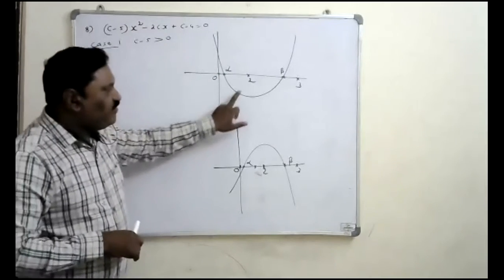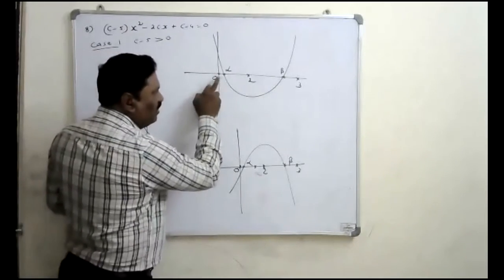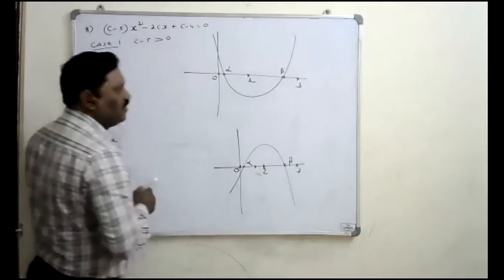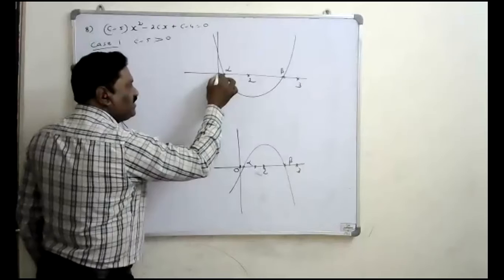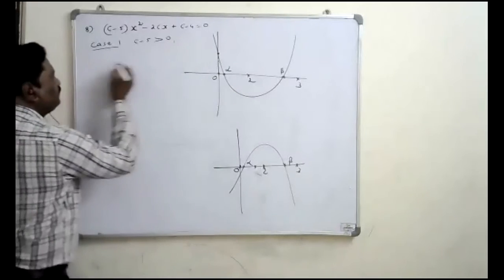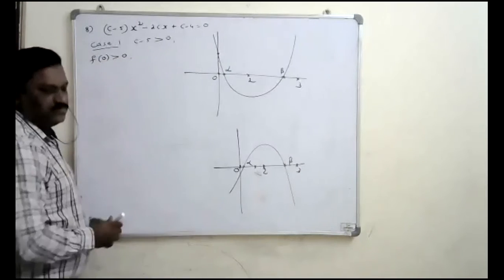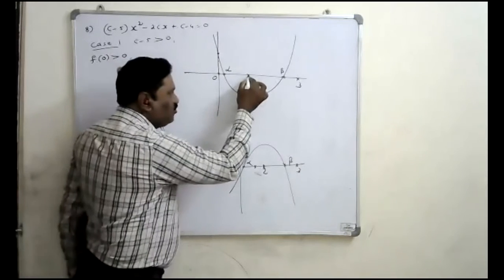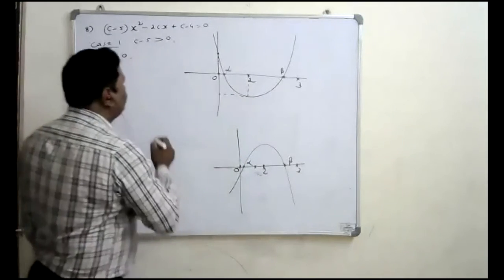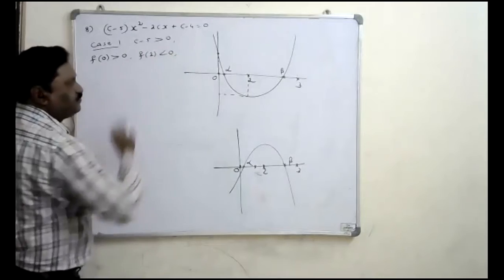In this case the graph will be like this. One root, alpha, lies between 0 and 2, and the other root, beta, lies between 2 and 3. If I take x equal to 0, the corresponding f of 0 is positive. If I substitute x equal to 2, f of 2 will be negative.